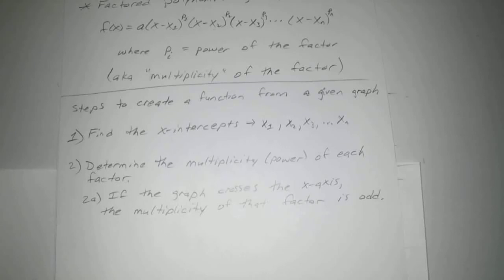Okay. Now, if it just touches it or kind of bounces off of the graph at the x-axis at that point, then you know that exponent is going to be even.